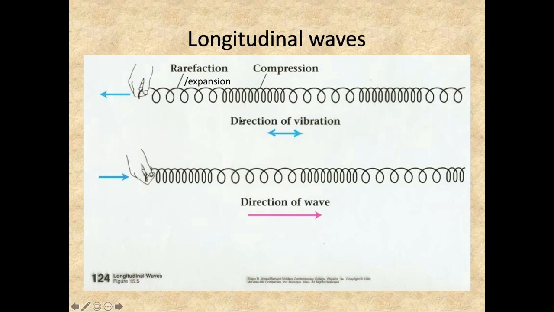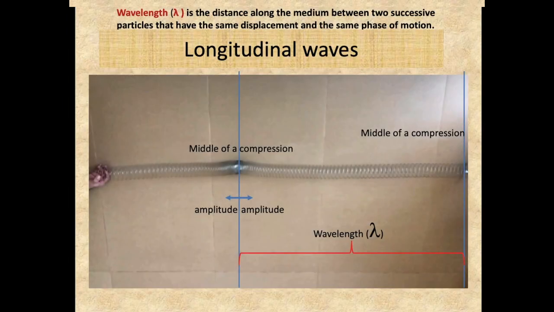But we have seen in previous videos and the simulation that the direction of vibration of individual particles is actually in a parallel direction to the propagation of the wave. Using the screenshot from my initial video showing you a longitudinal wave, this is the middle of one compression, and that is where I just start the next compression. So the distance between those would be measured as the wavelength.